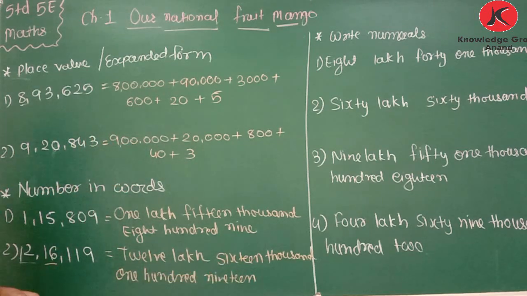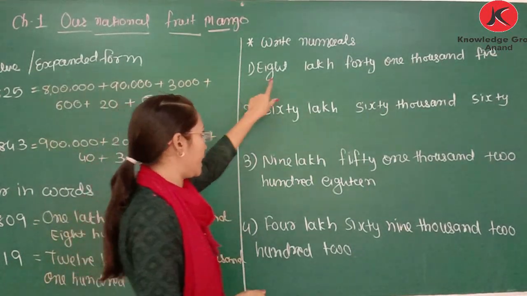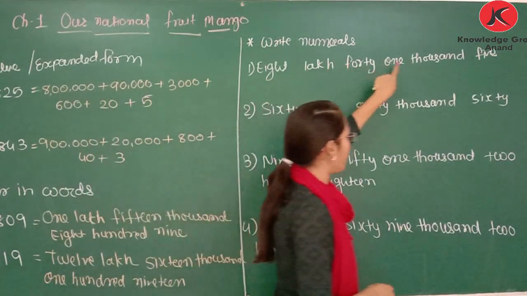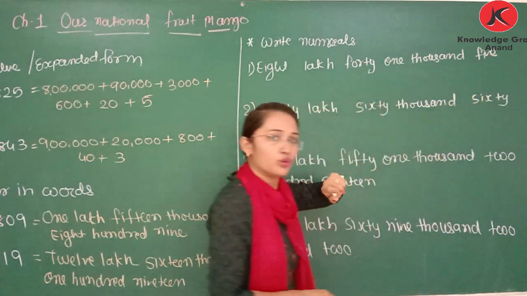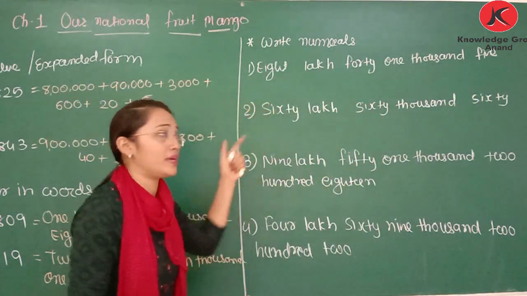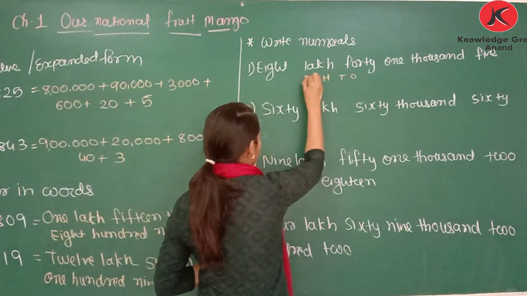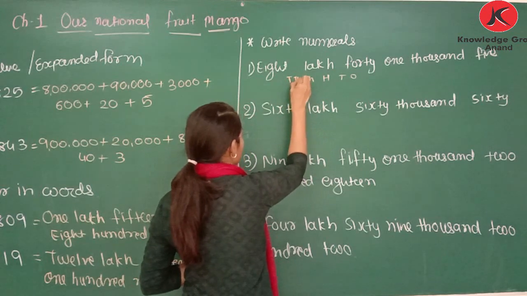Clear? Now write the numerals, means write the number, that is 8,41,005. If you don't know how to write the number for this, you can make a place value table like this: ones, tens, 100, 1000, 10,000, lakh.